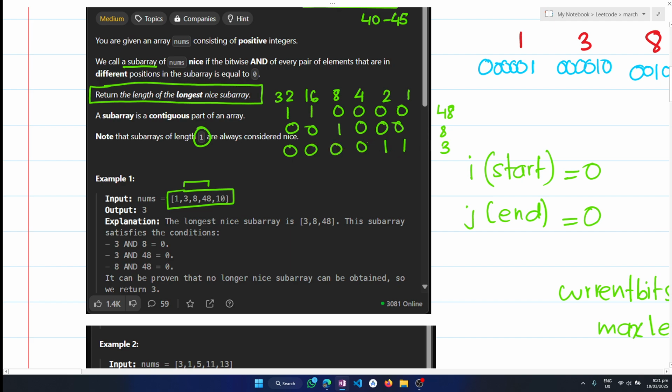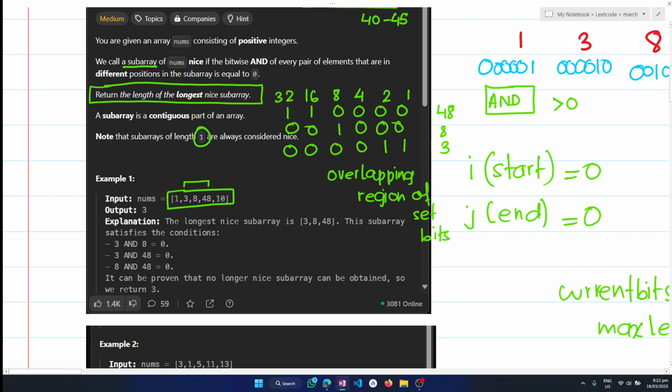So 48 is 1 1 0 0 0 0, and then 8 is 1 0 0 0, right? And then 3 is this. So you can very clearly see, one very important point for you to note over here is that the bitwise AND of any two numbers is going to be greater than 0 when those two numbers have an overlapping region of set bits. Now what do I mean by this? You can very clearly see that there is no overlap of set bits over here.